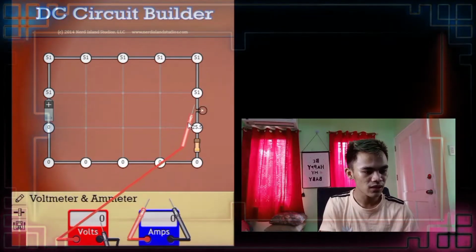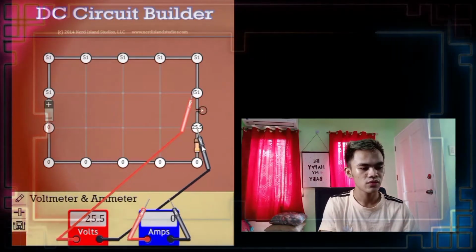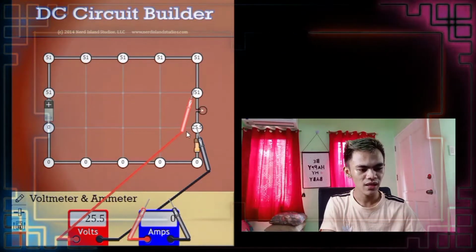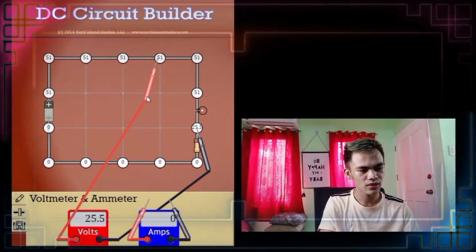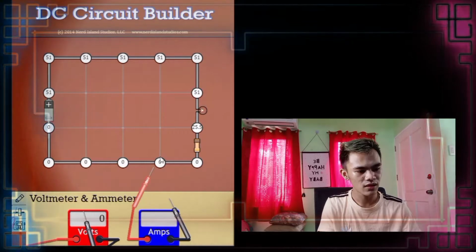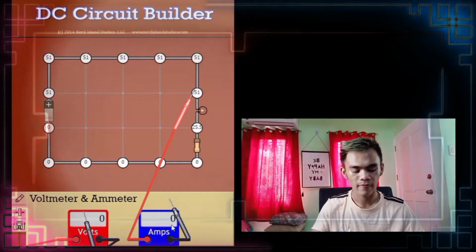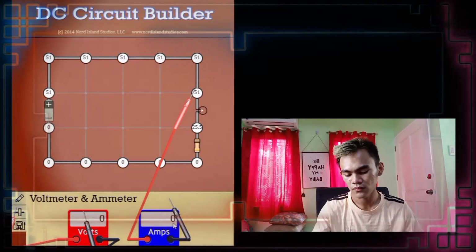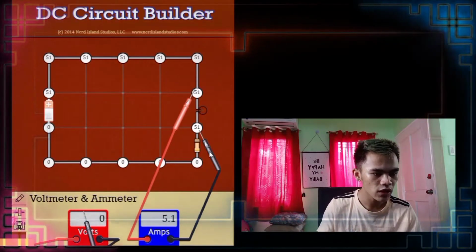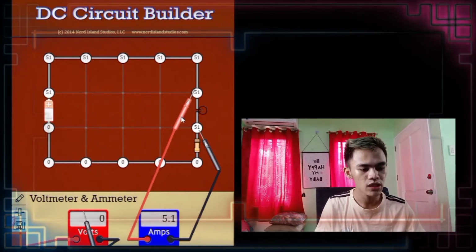This is positive, the red one, and the negative. So we have here 25.5 volts. So the voltage is 25.5. And the current, let's measure using the ammeter. Alright, so we have here 5.1. The current here is 5.1.